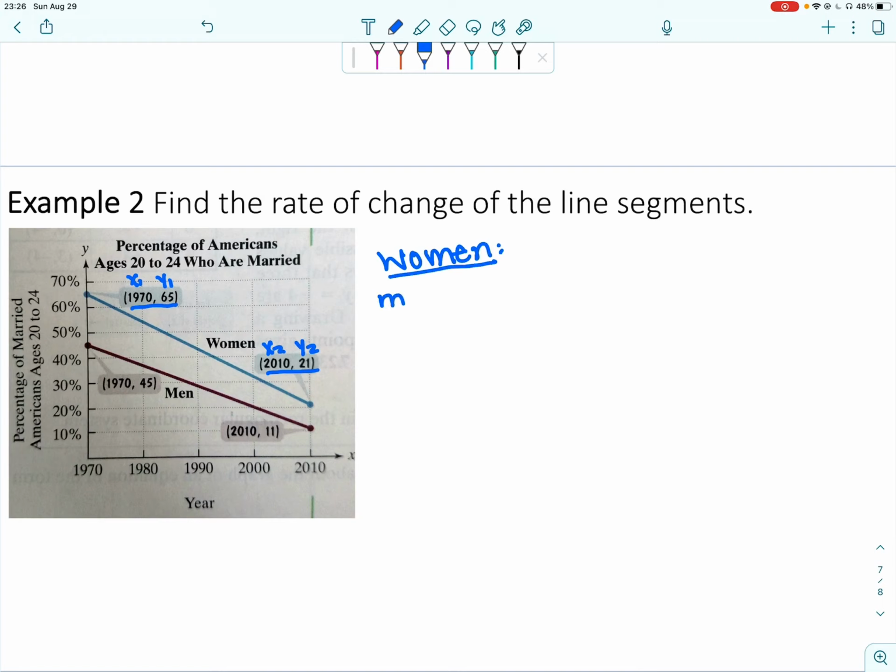So I'm going to find the slope just like I was doing up above. So 21 minus 65 are my y's, over 2010 minus 1970. So 21 minus 65 is negative 44. And then 2010 minus 1970 is 40.